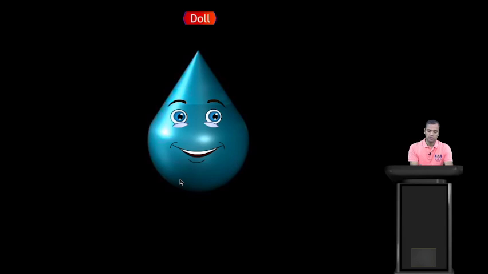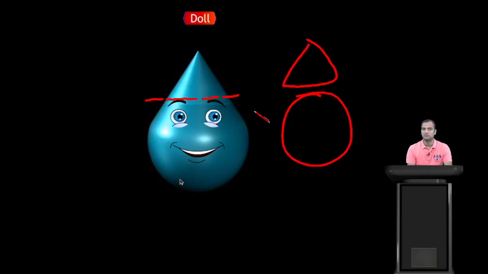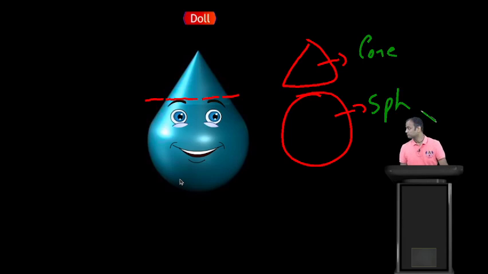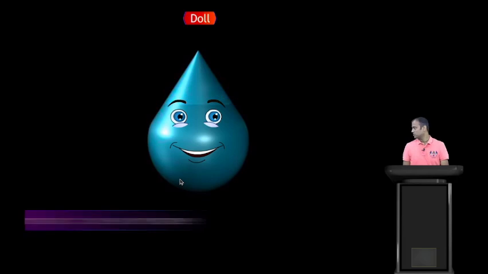If you cut from this portion, you will get this portion and this portion. Now you can easily name both solids. First one is a cone and another is, yes, very good, a sphere. So this is an example of a combination of cone and hemisphere.